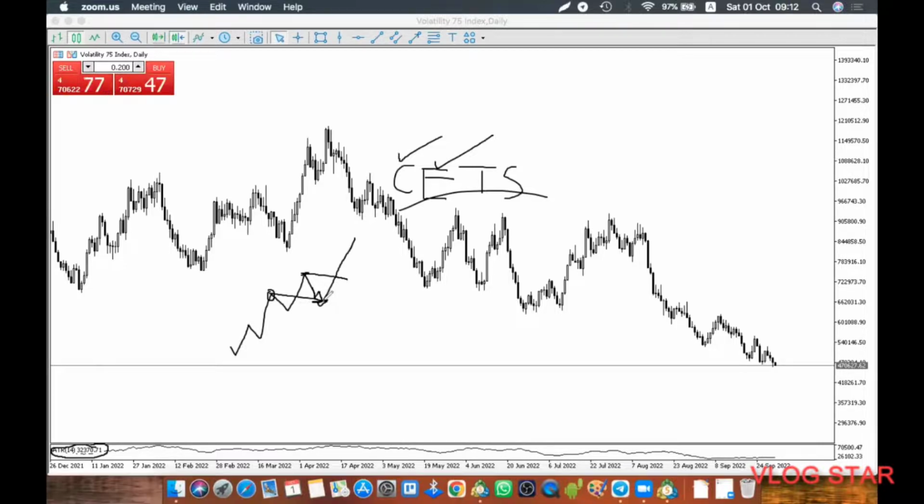I take the previous candle's value, and if I'm buying, I add this number; if I'm selling, I subtract this number. It's an advanced thing, but I'll teach you as time goes on.